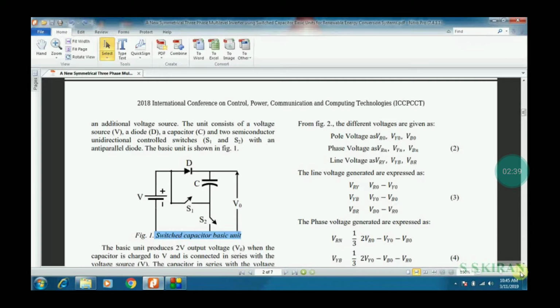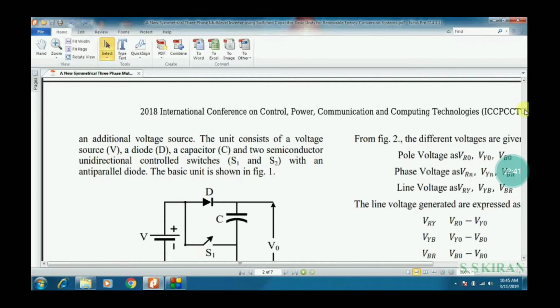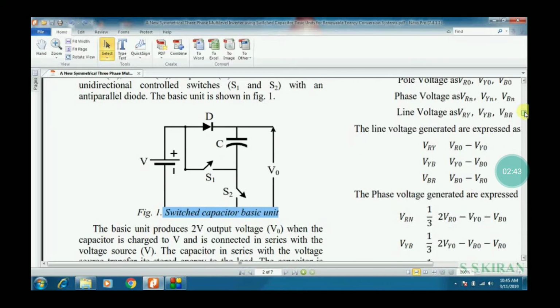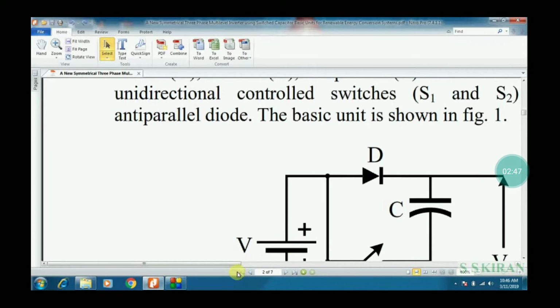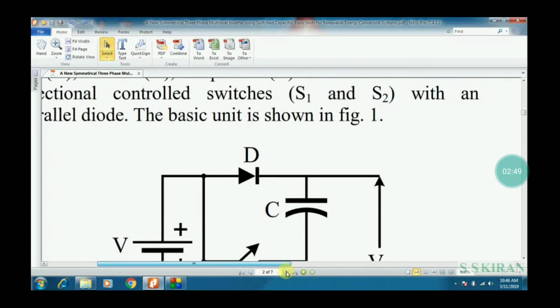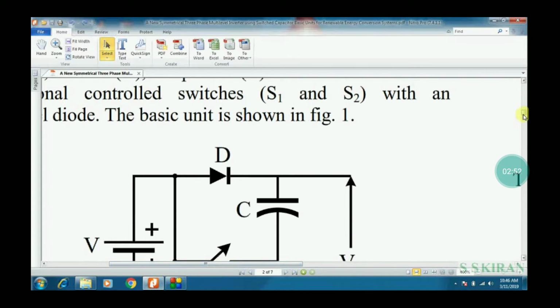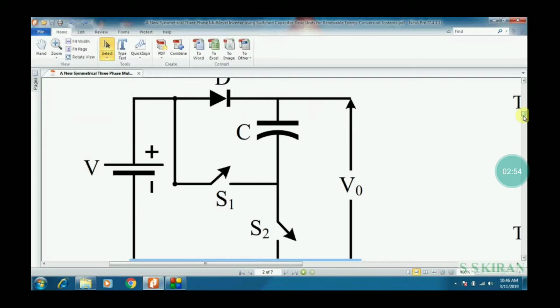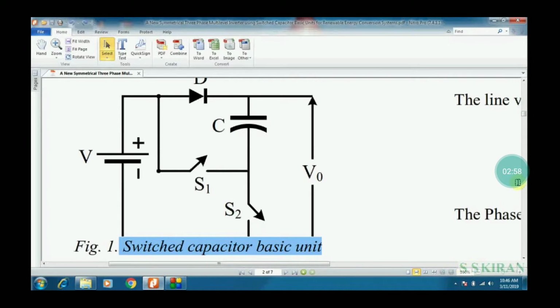I would like to zoom in so you can observe closely. Just simply drag. This is the switched capacitor basic unit.